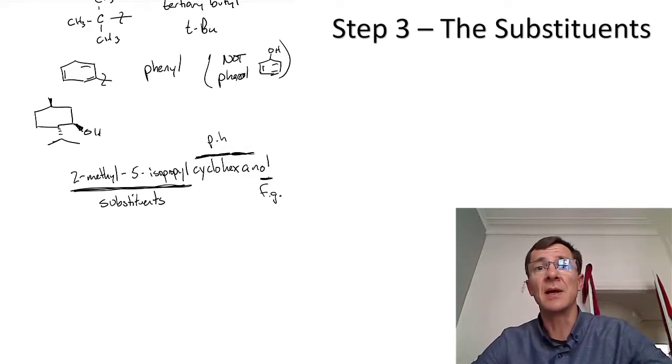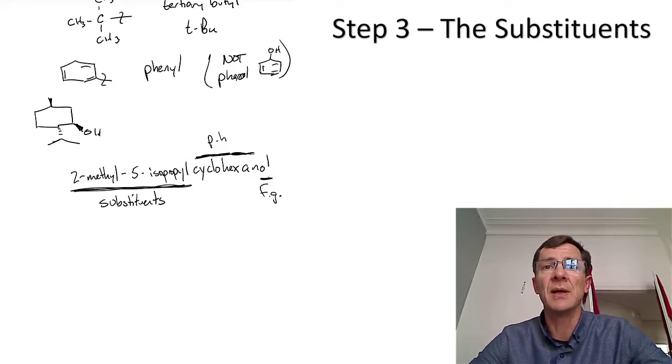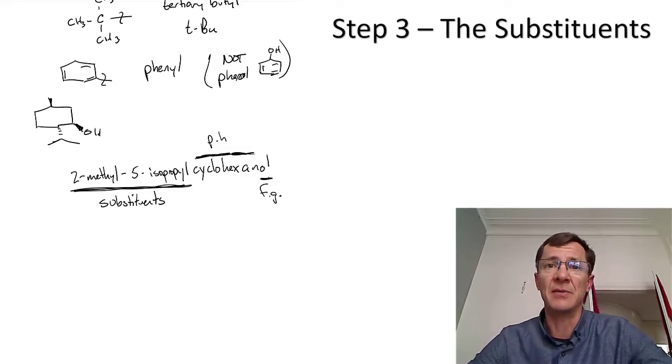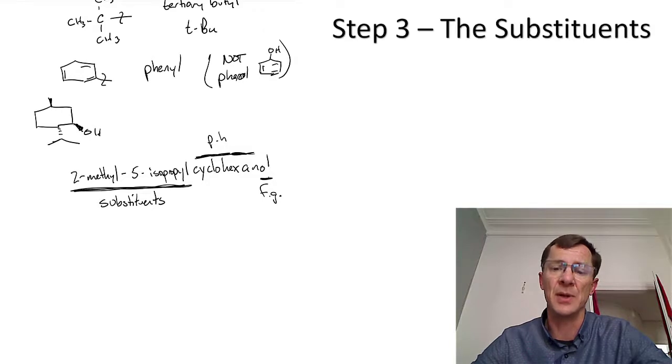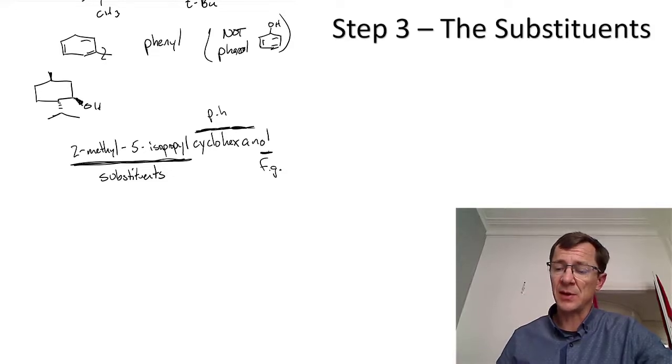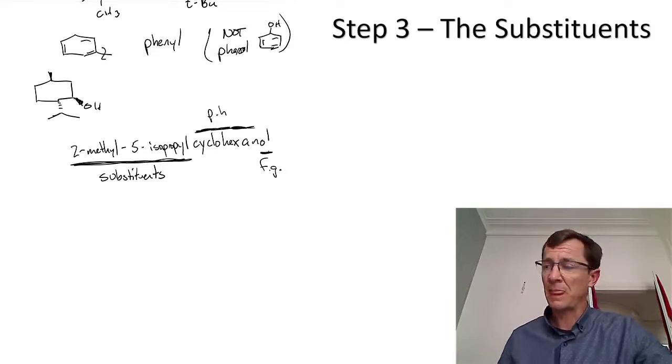What it hasn't done yet, and what's the topic of the next video, is indicated the stereochemistry at the 1, 2, and 5 positions on this molecule. And we'll play around a little bit with R and S and E and Z in the very next video, and that'll give us the full complete IUPAC name of this particular molecule. All right, so we have our full name for everything but the stereochemistry of menthol.